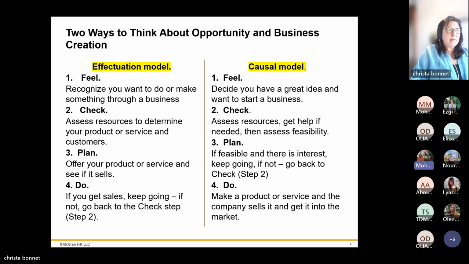So if you have an existing business and you add, let's say, a new product line or new service, you will use this one because you have everything almost ready and you just need to add a new service. But for the causal model, you will need to start everything from scratch, planning from scratch. Then you can decide if you will go with this business model or not.